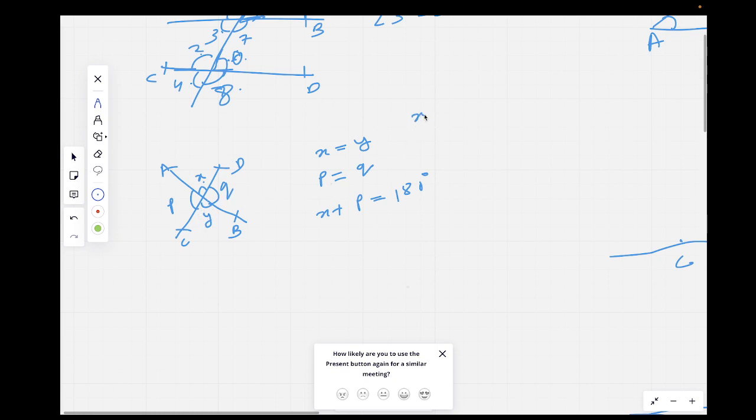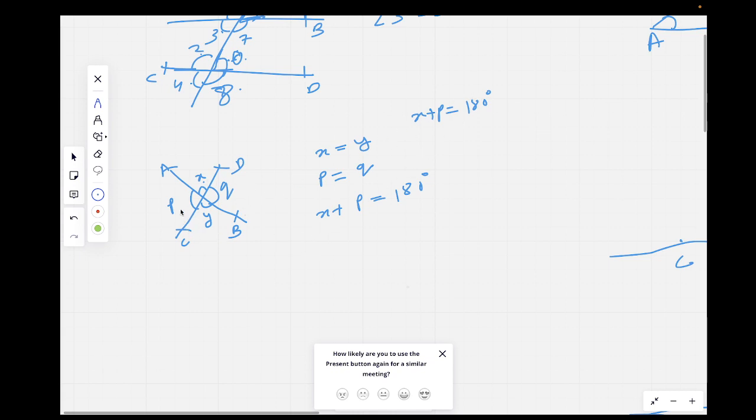By the way, these angles X plus P can be called supplementary angles. These special cases are called supplementary angles, where the baseline is a straight line, and if a segment passes from the straight line, the adjacent angles sum is 180 degrees. So these are called supplementary angles.